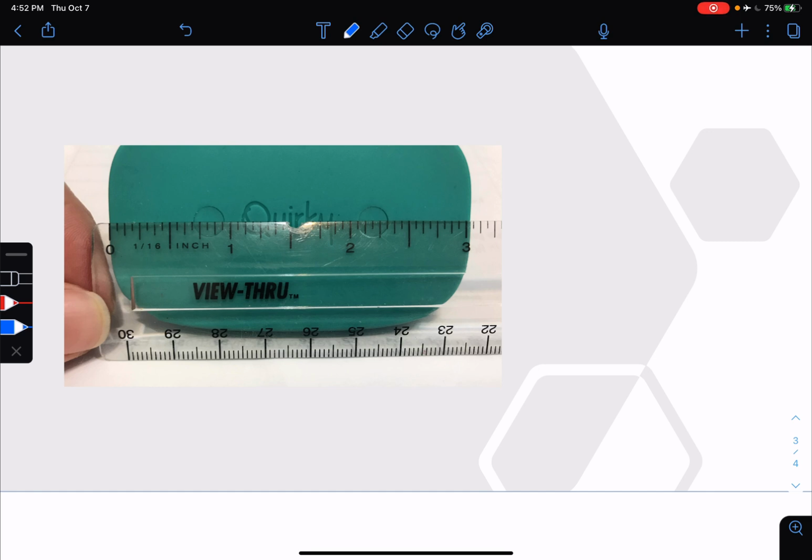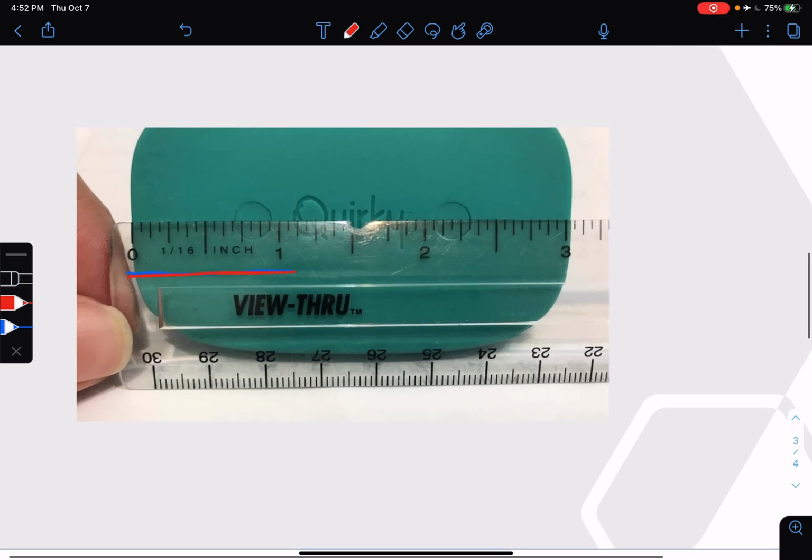So let me point out that in between 0 and 1, let me do red, it shows up a little bit better on the teal background. What we have is a series of dashes, and on some rulers, they're going to be 16ths, and on some rulers, they're going to be 8ths. My ruler tells you that there's 16ths of an inch right there.